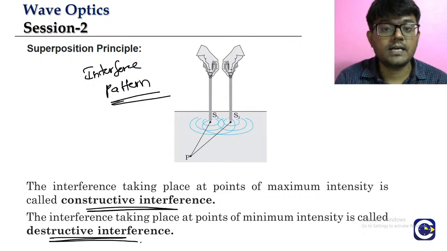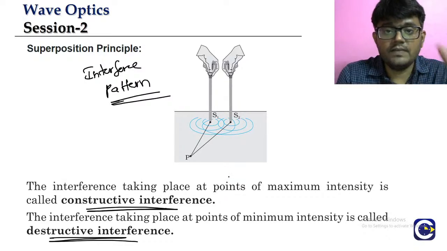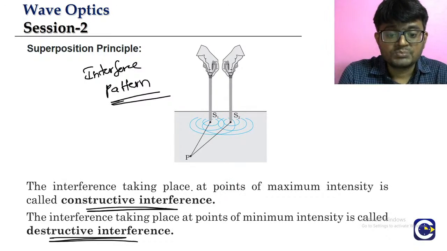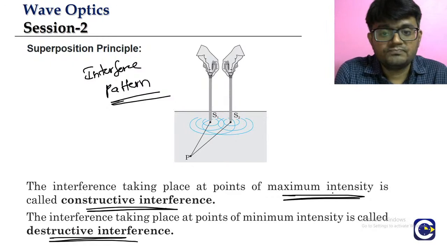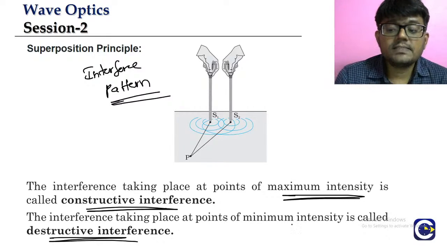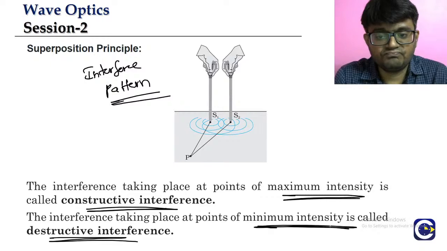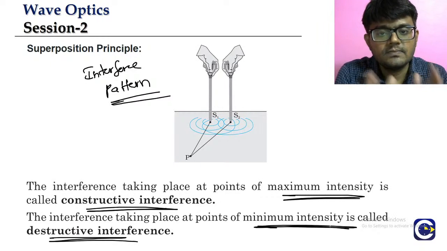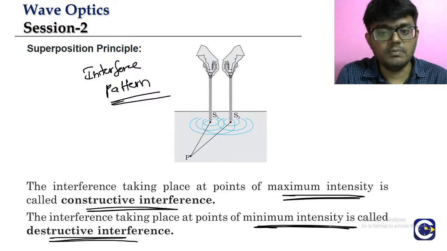One is the constructive interference regions. Second is the destructive interference. Constructive interference means the place where the intensity recorded will be maximum, like the intensity of the light will be maximum. Destructive means the intensity of the light recorded will be minimum.